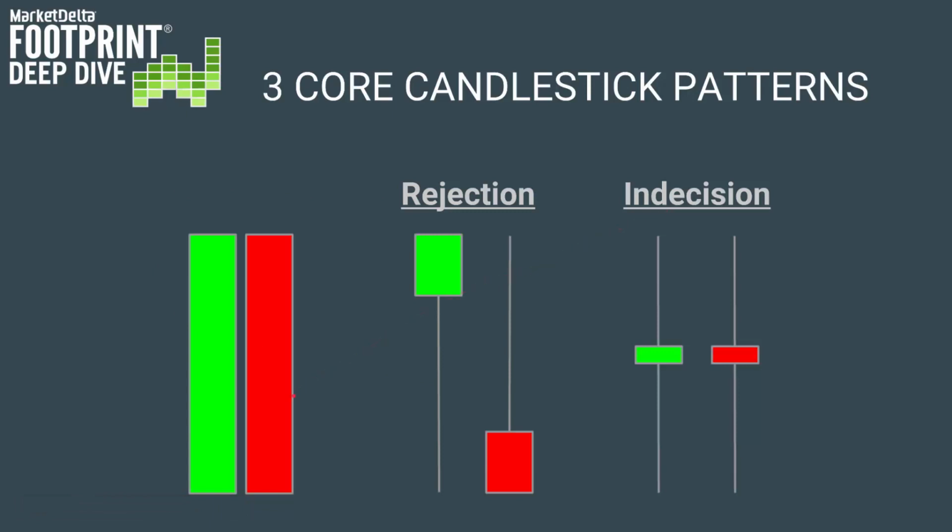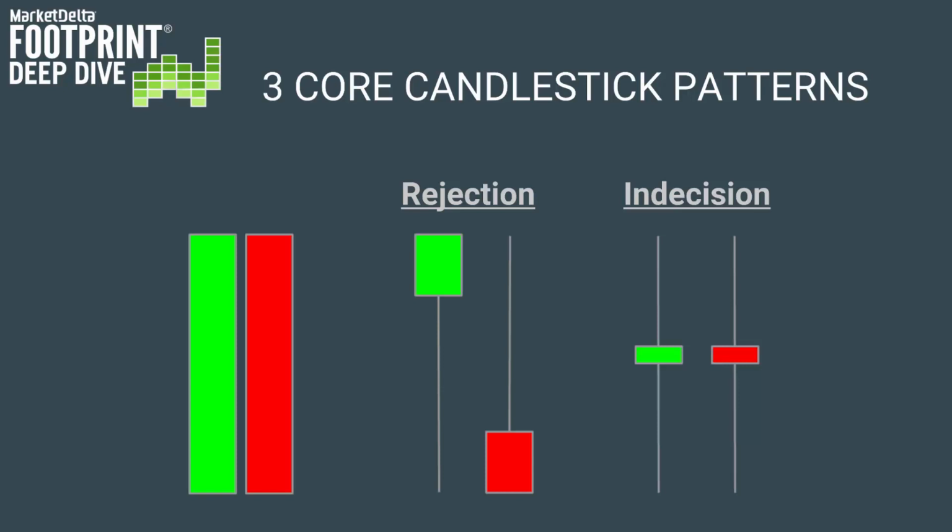What I'm going to explain is, when you see any of these patterns on a candle, I want to then show you an example of that same pattern on a footprint and show how you can use the value-added information shown on a footprint to really make the candle come alive. Okay, so that's what we're going to look at.